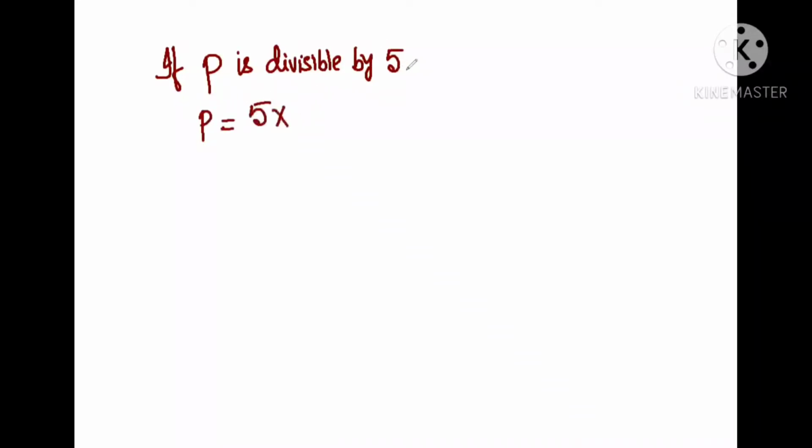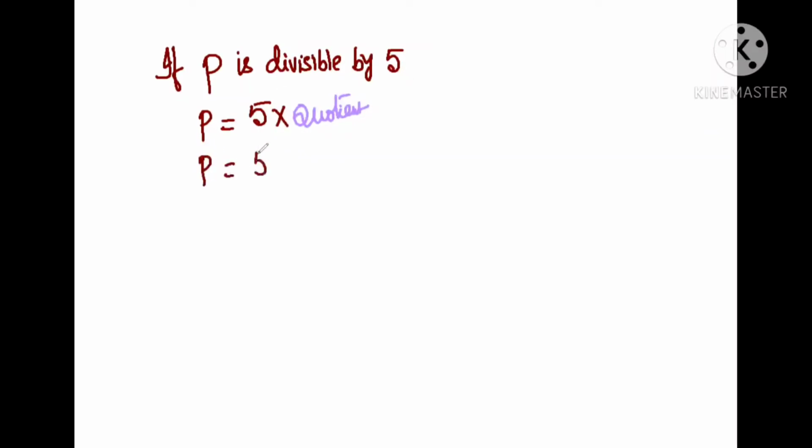If p is divisible by 5, according to Euclid division lemma, p can be written as 5 into some quotient. Let me take that quotient as c.